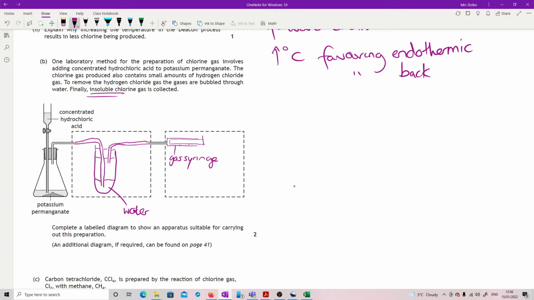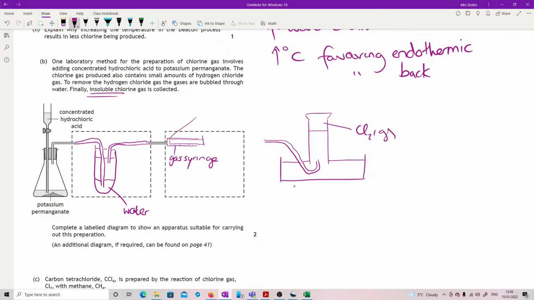Because it tells you it's insoluble, then what you could do is do downward displacement of water. So put in a trough, put some kind of collection vessel, whether it's a measuring cylinder or a test tube or whatever you like, and then we want the delivery tube coming along here and into this, and then we need to clearly show that this is actually full of water, and then we are collecting our chlorine gas.